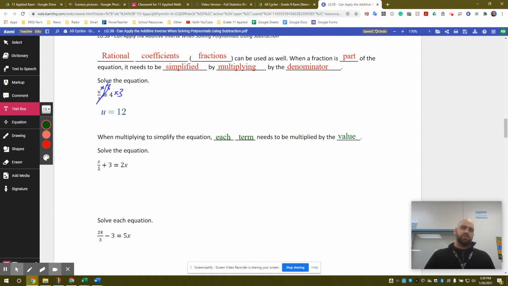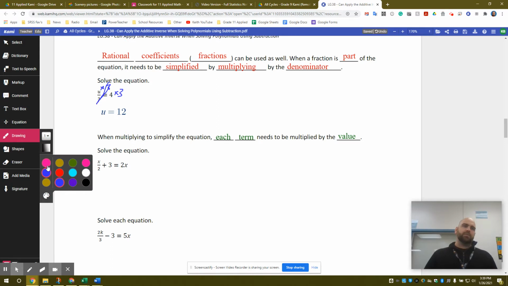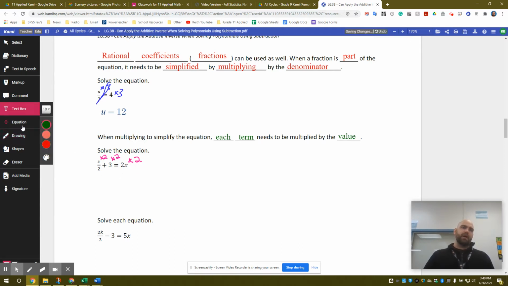We have this fraction, the constant, and then this other term on the other side of the equal sign. We have a fraction, so we want to get rid of that fraction. It's important that we get rid of the fraction before we can solve, because otherwise we just cannot solve. So that means that to get rid of that fraction, we need to multiply it by 2, but we also have to multiply this value by 2, and we have to multiply this value by 2. We have to multiply every single term by 2.